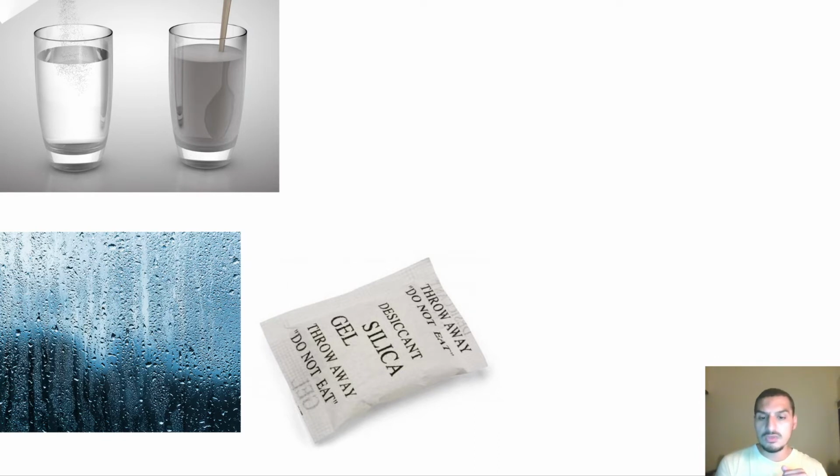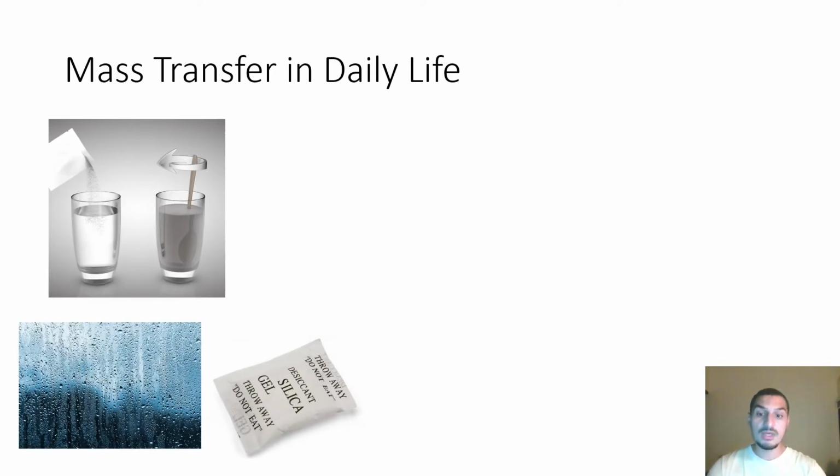So it takes the water vapor from air so that it prevents the clothes or the shoes or the bags from getting bad while being kept for a long time without use. So this is one other thing that selectively absorbs water vapor from air.